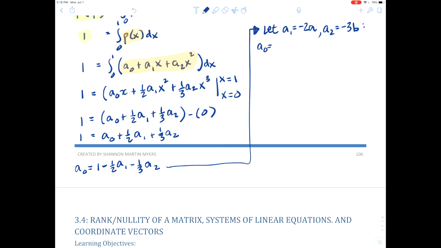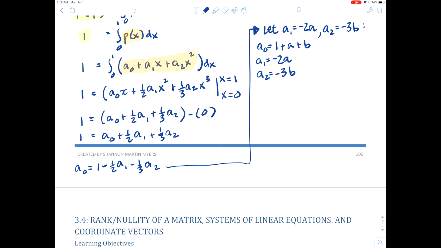Well, a0 would then be 1 plus a plus b. Do you see that? Okay. And then, of course, we had that a1 was equal to negative 2a and a2 was negative 3b.